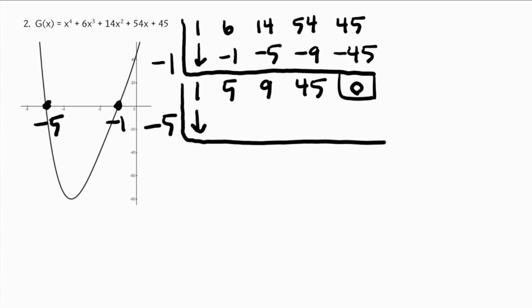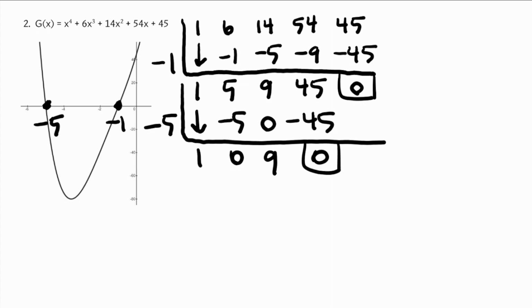Okay, so I'm going to run -5 through here. That's going to be a 0. Again, that one's disappearing, but that's fine. 0 times -5 is 0. Go down there. 9 times -5 is -45. That's coming back 0. Great. Okay, so I know that from these two here, I'm getting an x minus -1 and an x minus -5.